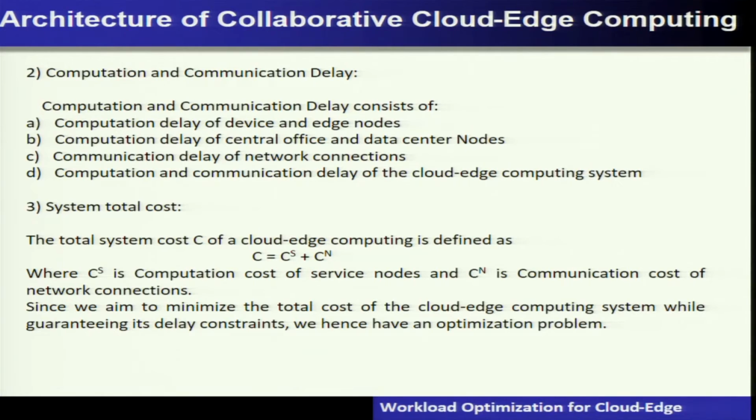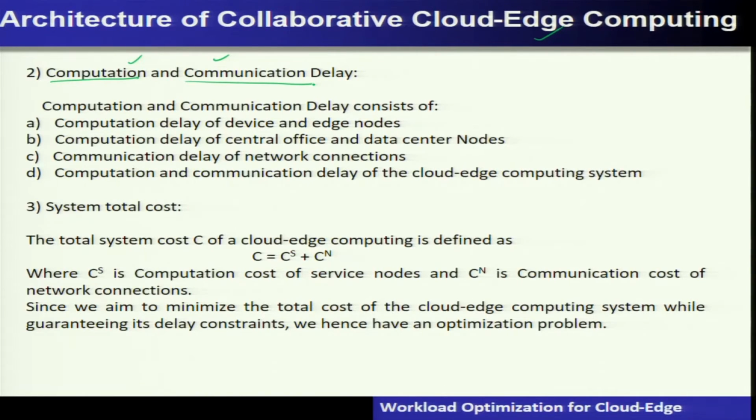Now, let us see that in this cloud edge computing model, there are two types of delays. One is called computational delay. The computation delay means whether the compute has to be done in tier 1, tier 2, tier 3, or tier 4. So, wherever it is done, there is an amount of computational delay.